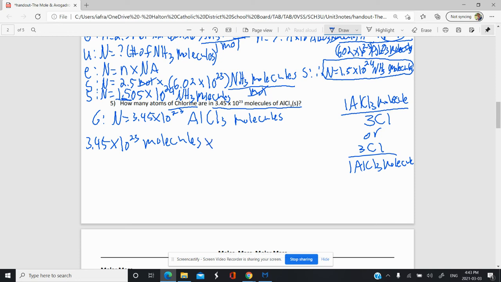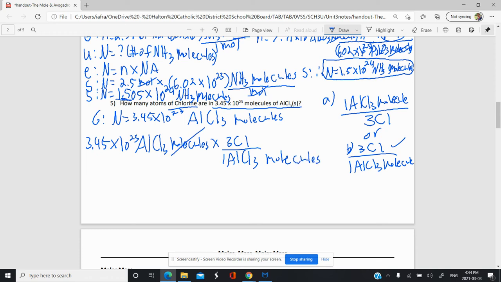And I'm going to multiply that by one of the conversion factors there, the one that's going to get rid of molecules for me. And I should actually write AlCl3 molecules to make this nice and neat. Multiply it by the conversion factor that lets me get rid of molecules, which, if we had to choose between A and B, think in your head, B, good. So times 3 Cl for every 1 AlCl3 molecule.